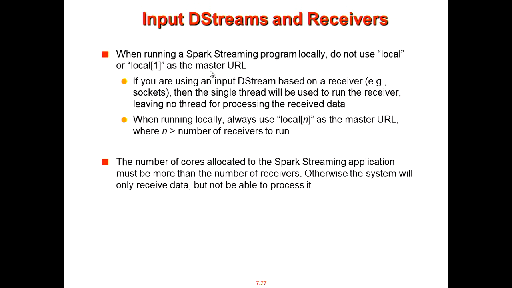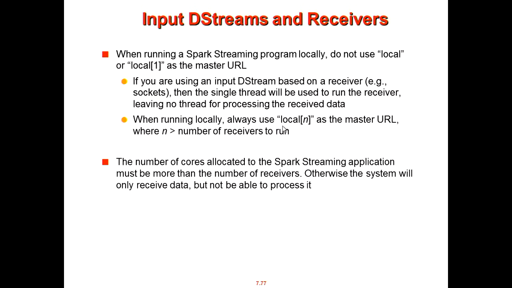If you use local[1] as a master URL, the problem is that the single thread will be used to run the receiver only. It will keep receiving the data, but there's no available thread to process the received data. So the word count will have no result. If you have time, you can test this by setting local to only 1, not local[2].